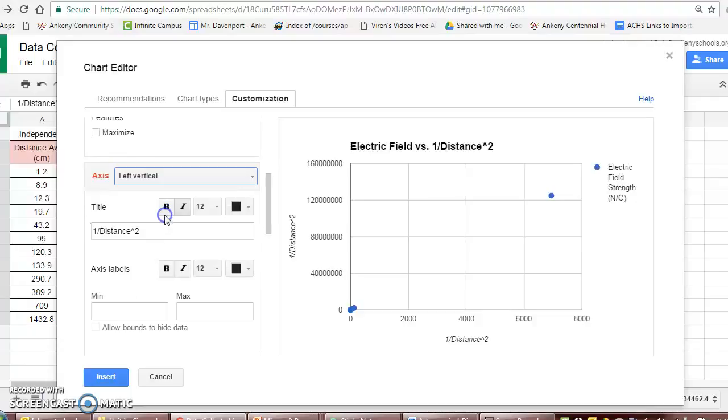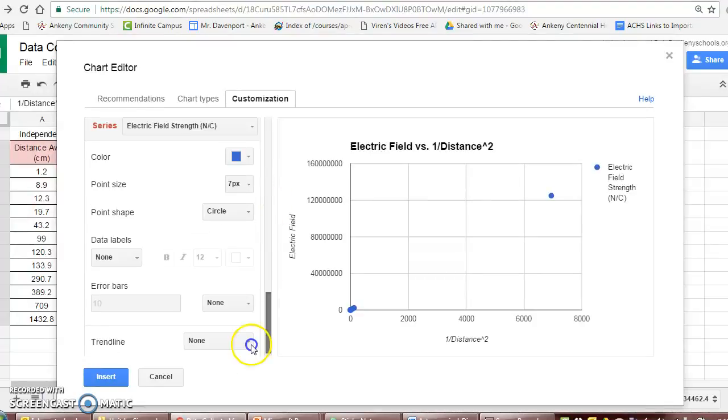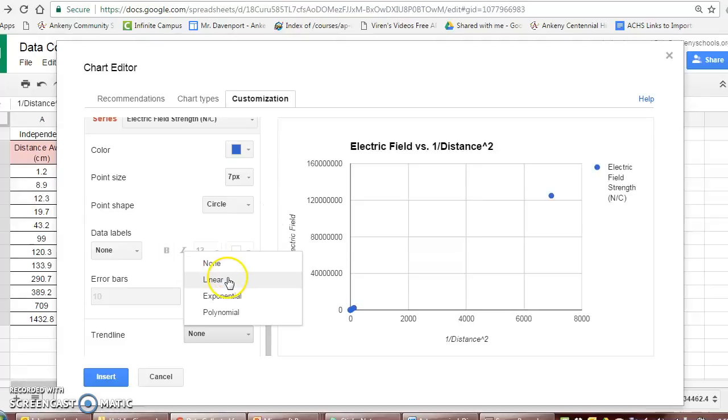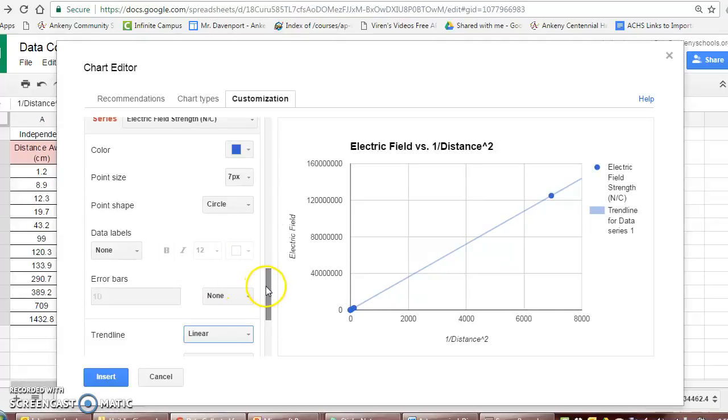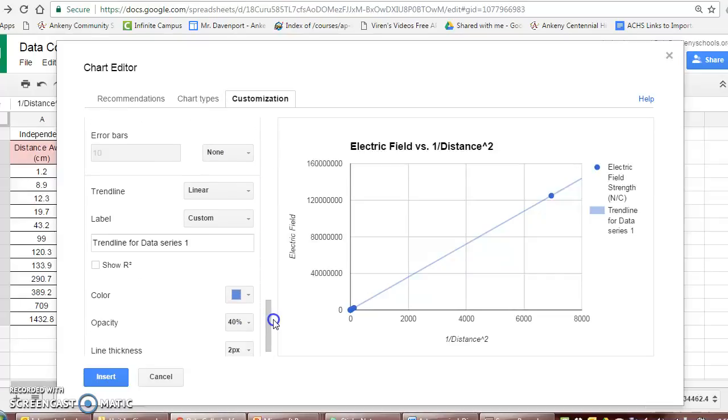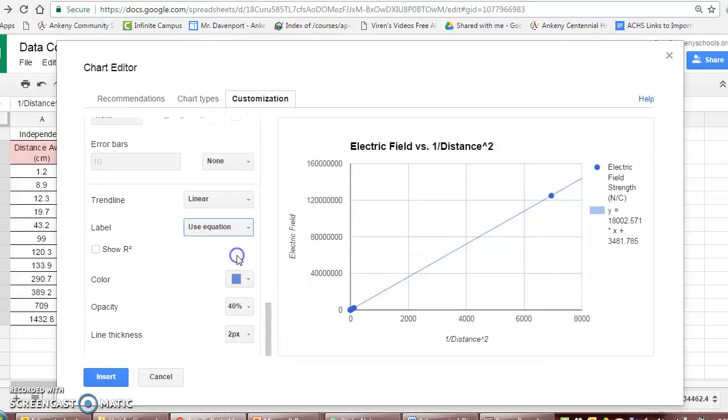The vertical axis is actually electric field. And I can get my trend line that now goes through the data points. And it pops up with a few more options. I will select the use equation option and I get a slope of 18,002.6.